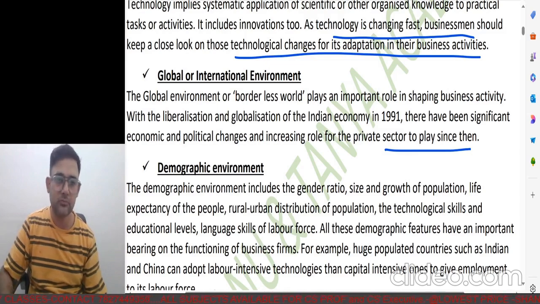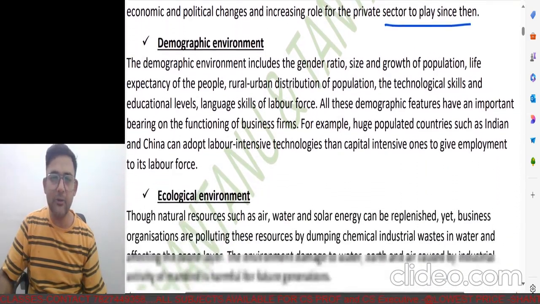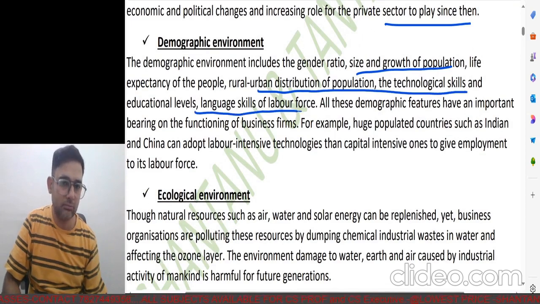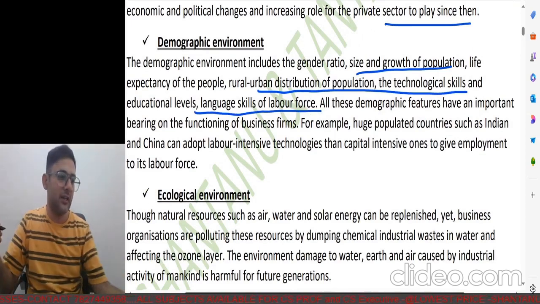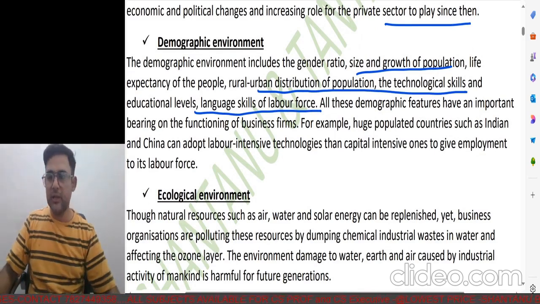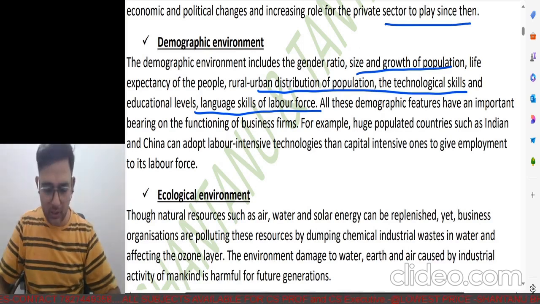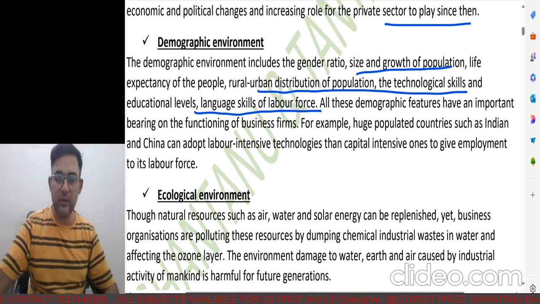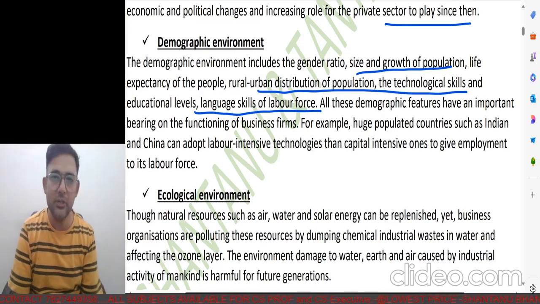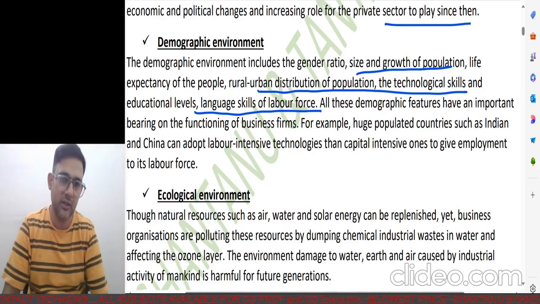Demographic environment. Demographic means what kind of people live in a society. If I go by the news, it says India is one of those countries which has the youngest people. I don't have the numbers right now, but I've read somewhere that we have the youngest generation in comparison to other countries.